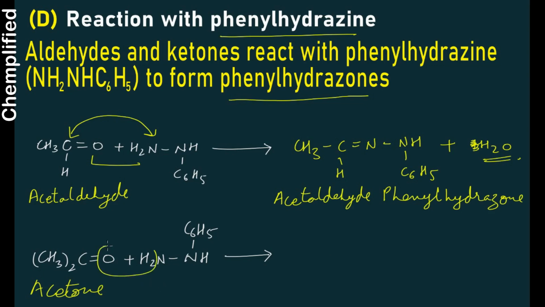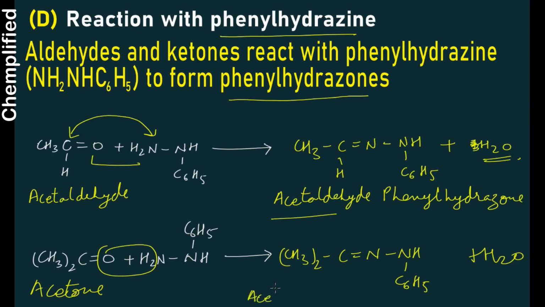Again oxygen and hydrogen will combine to form water, right? And the final product will be like this. Now the name is acetone phenylhydrazone. So this was the second reaction.